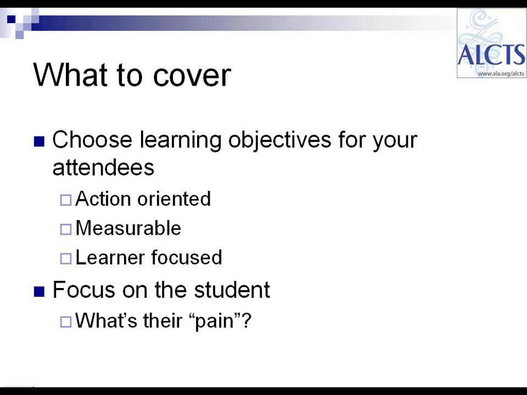You need a way to plan and develop your content in a way that is more learner-friendly. It helps if those objectives are action-oriented, measurable, and really focused on that learner. Because you're always going to think about what is in it for the student. What are they going to take away from the class?